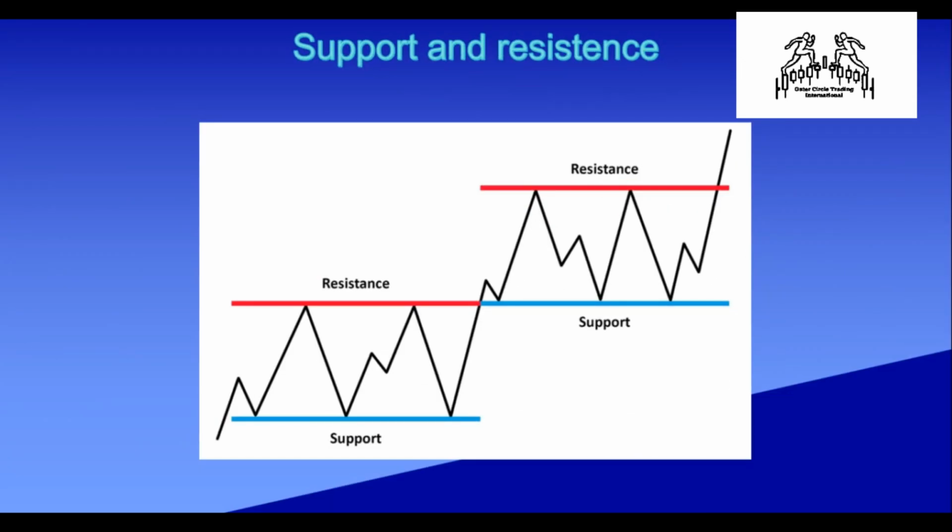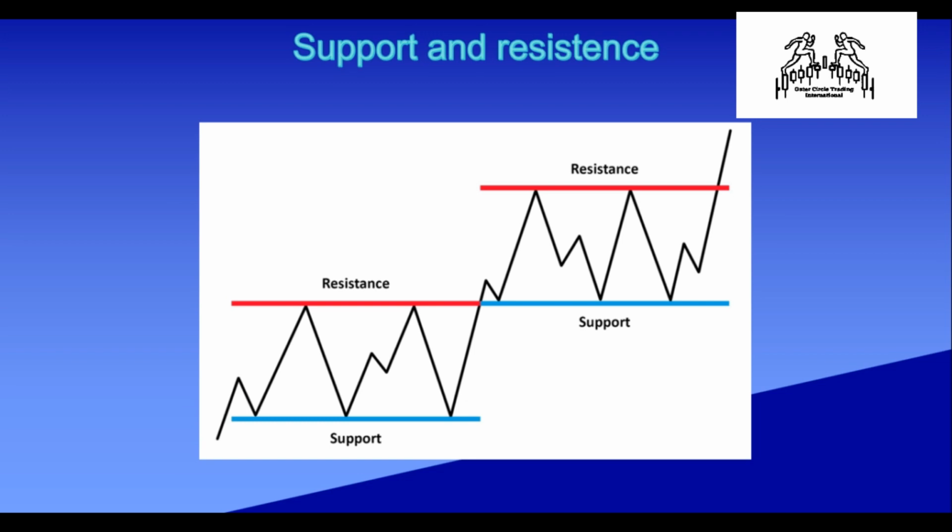So this is a frame of support and resistance. Some of you are familiar with support and resistance. So what is happening on support? It's an area where demand exceeds supply, and the resistance is an area where supply exceeds demand. In a support area, we are looking for buying opportunities.